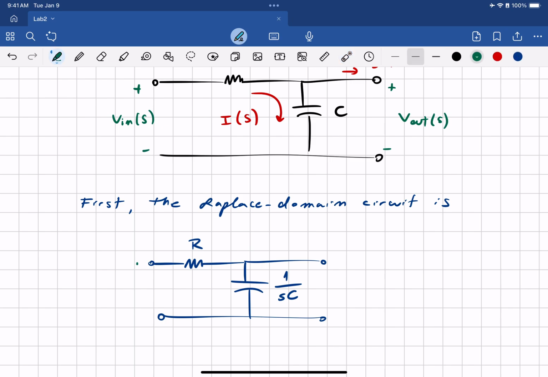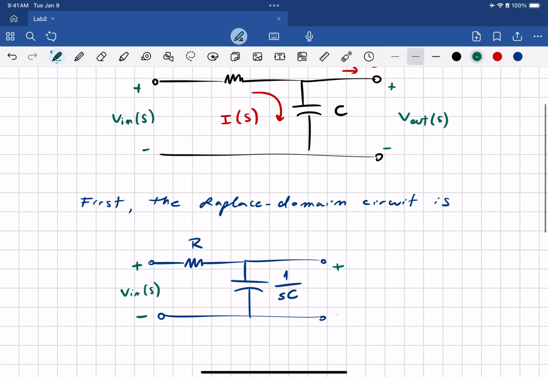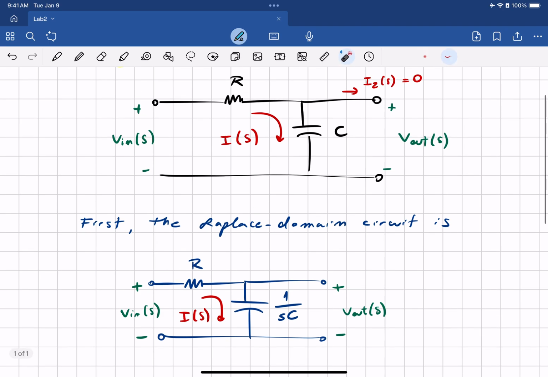So we're going to assume that this voltage is in the Laplace domain, whatever that voltage is and however it looks, we don't really care much. And we have this current I of S. We already said that the circuit is an open circuit, so no element is connected here.